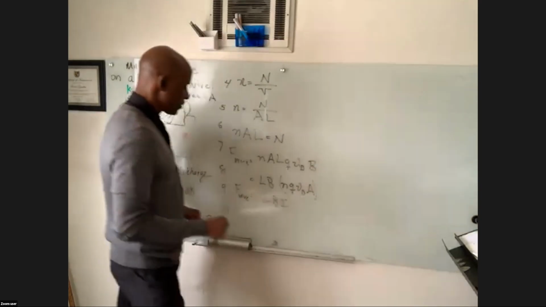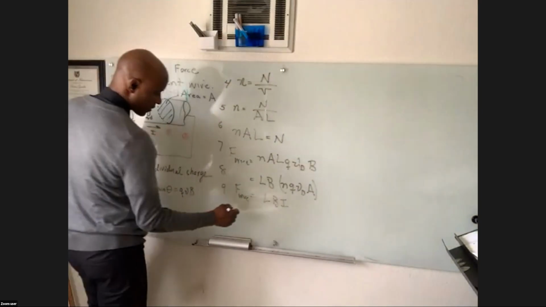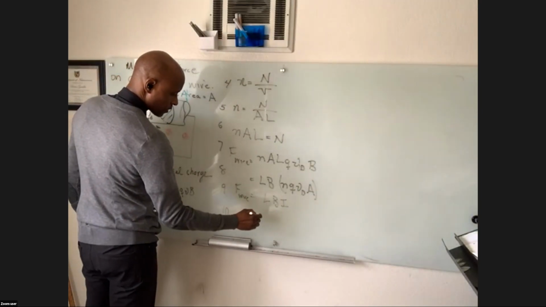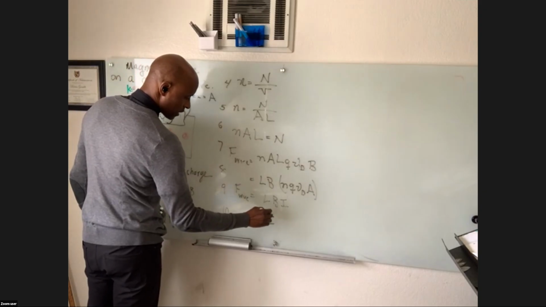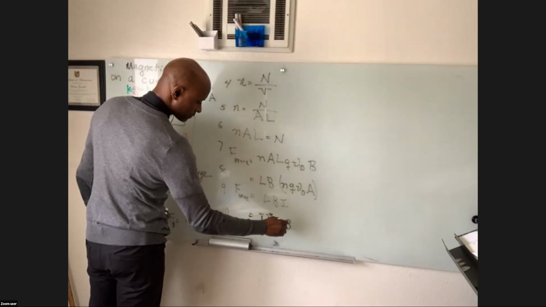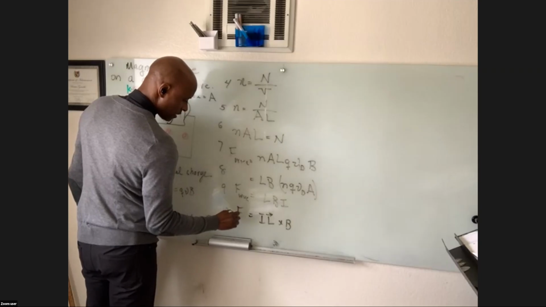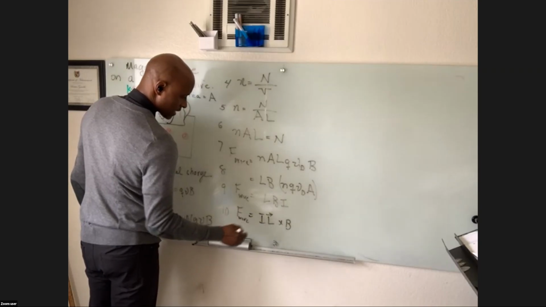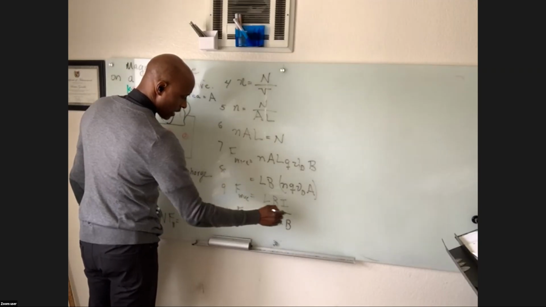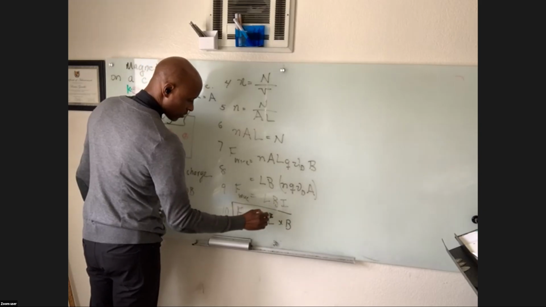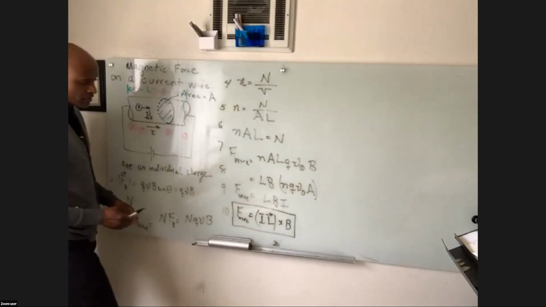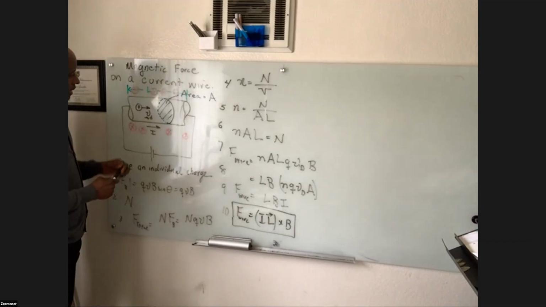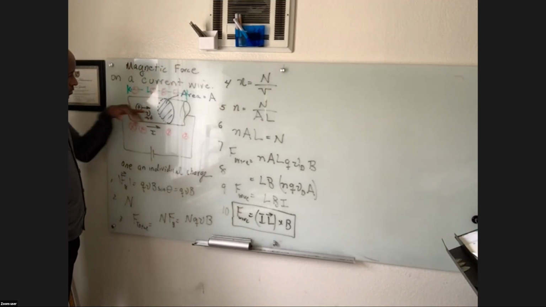But what we normally do is put the I and the L together, IL, and we put a vector on L, cross B. And the I gives the direction of L. So in this case, I is going to the left.